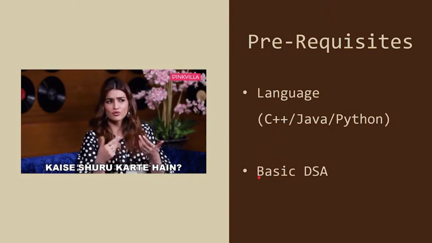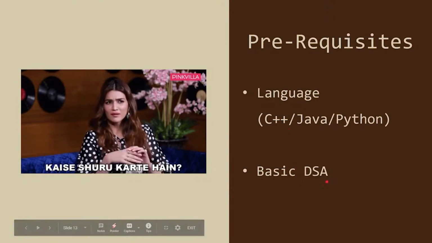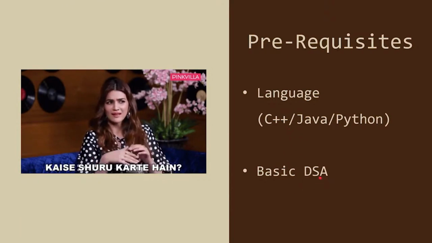Next, the second prerequisite is basic DSA. You must know the basics of whatever language you have chosen. You should know how to declare basic variables, int a, int b, and how to declare an array. Also, you should know how to use loops, for loops, while loops, etc. And the third thing you must know is if-else statements.